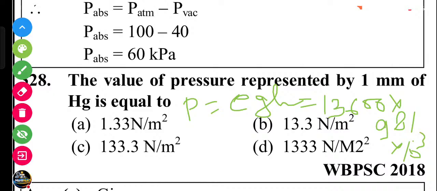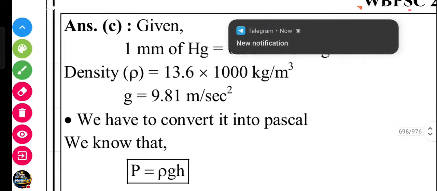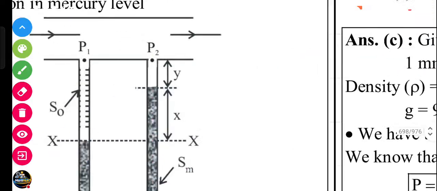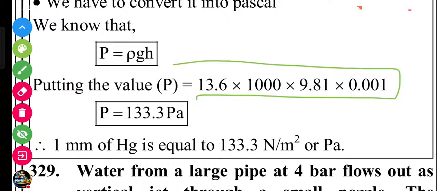If you calculate this, you get 13.33. Let's check. Here is the answer, 13.336.